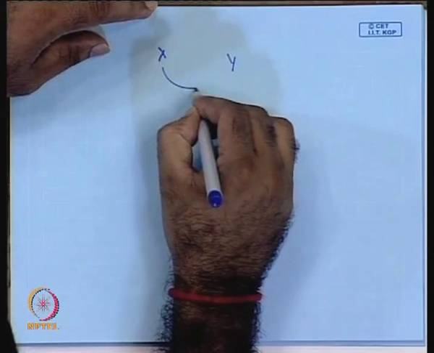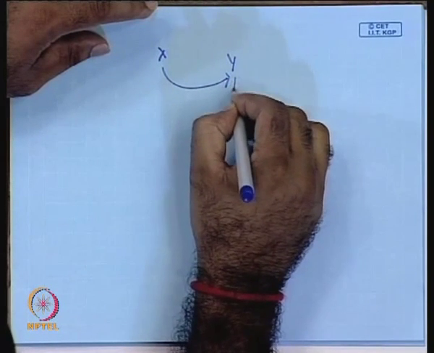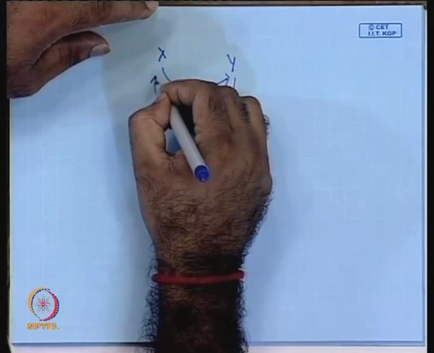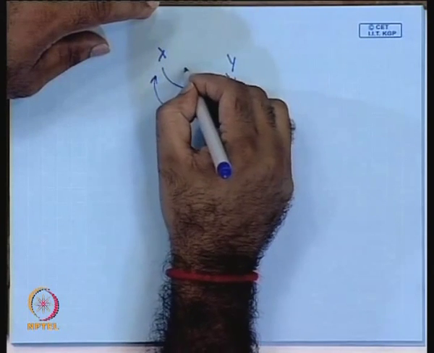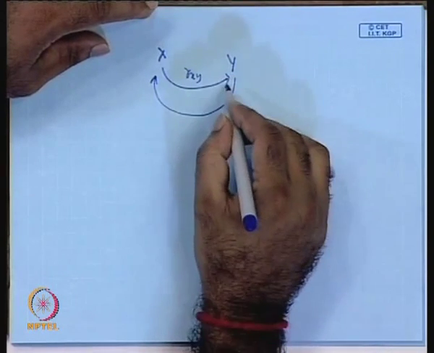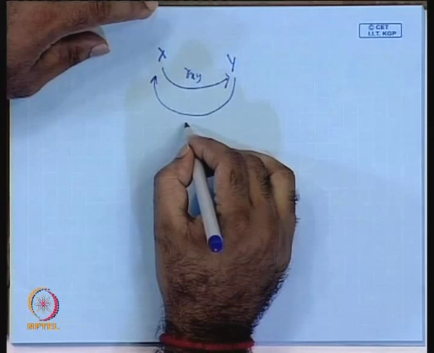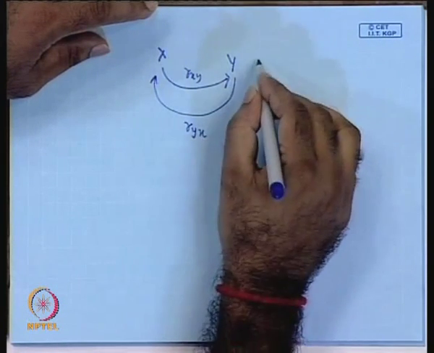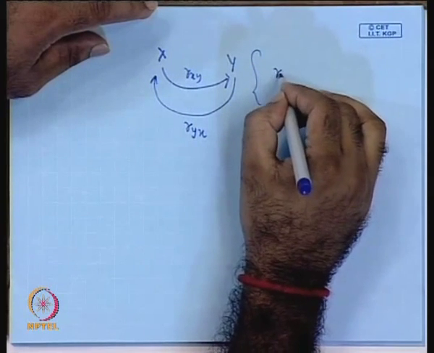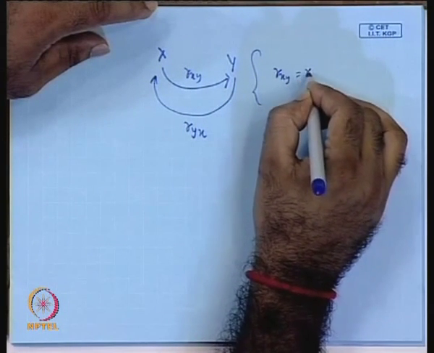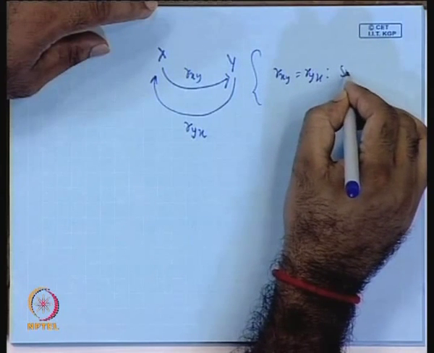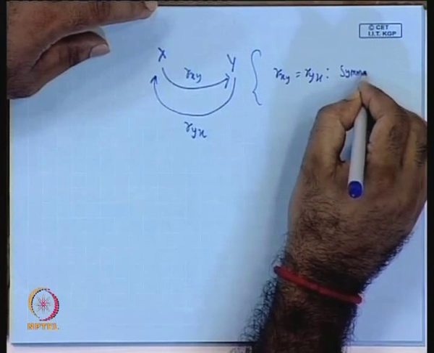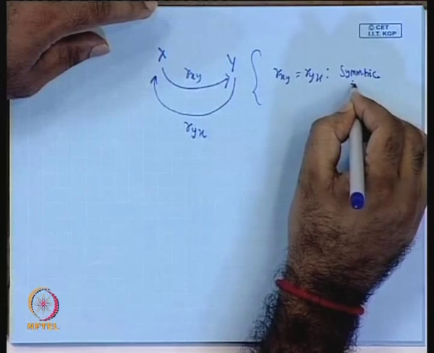We can correlate x on y, which is called rxy, or we can correlate y on x, which is called ryx. So the fundamental theorem is that rxy is equal to ryx. It is simply symmetric in nature.